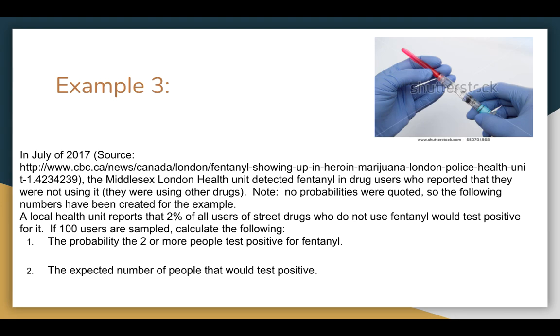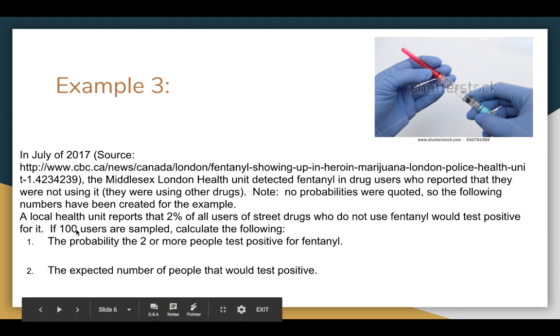And that's kind of a scary thought. It's basically dodging a Mack truck, because if you had fentanyl in that street drug you took and you didn't know that, then it's very, very dangerous. And we've seen that in the media fairly often while recording this video. There were no probabilities quoted in the article, so I used some numbers to create the example.